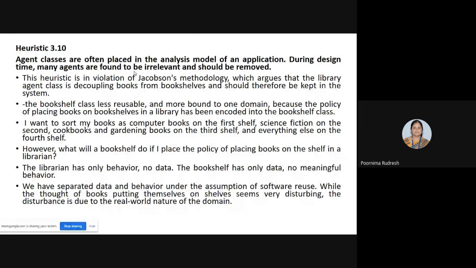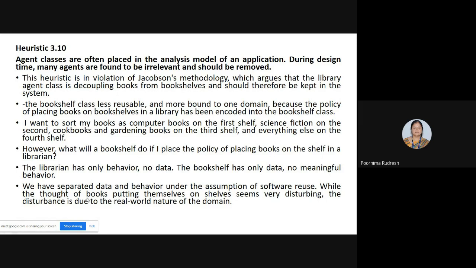I want to sort the books by category: computer books on the first shelf, science related books on the second one, and cooking and gardening on the third shelf, like that. So depending on the category, I am going to arrange the books on different shelves.